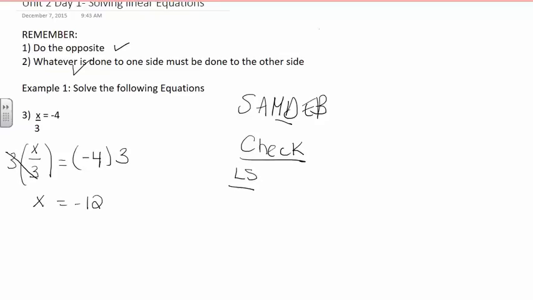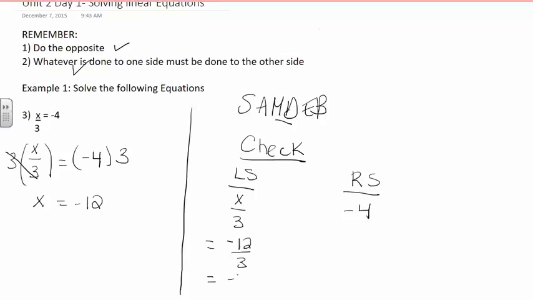Left side is x divided by 3, and right side is negative 4. Let's plug in x is negative 12 divided by 3, which is negative 4. So our left side and our right side are the same, so we can conclude left side equals right side. Our answer is correct.